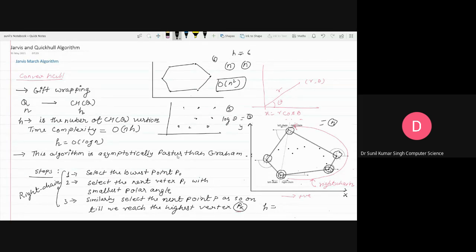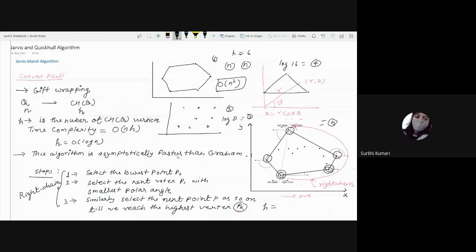Okay, maybe 16 points are there, and the log value is 4, but you are using only 3 points to form the convex hull. Then you are not even choosing log n points, it is even lesser than log n. In that case also, it is going to be better than the Graham-Scan algorithm.